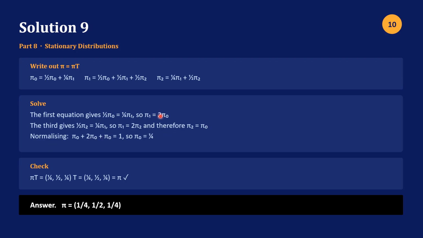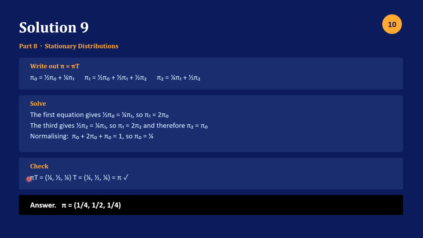And then pi sub 1 is 2 pi sub 0, that's this one here. So we get 4 pi sub 0 equals 1. So pi sub 0 equals 1/4, which means pi sub 2 equals 1/4, and then pi sub 1 is twice that, it equals 1/2. So our solution is 1/4, 1/2, 1/4.